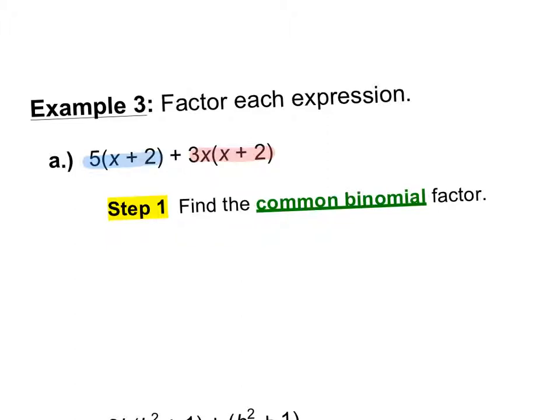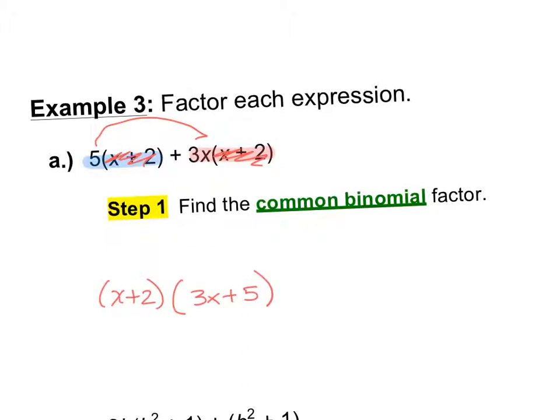The definition of a common factor is a factor that both have in common. Well, when you look at these here, you notice that this blue expression and this red one both have x plus 2 in common. So when you factor out, you're going to factor out the x plus 2. And when you take out the x plus 2, you're left with 5 plus 3x, which in standard form must be written as 3x plus 5.